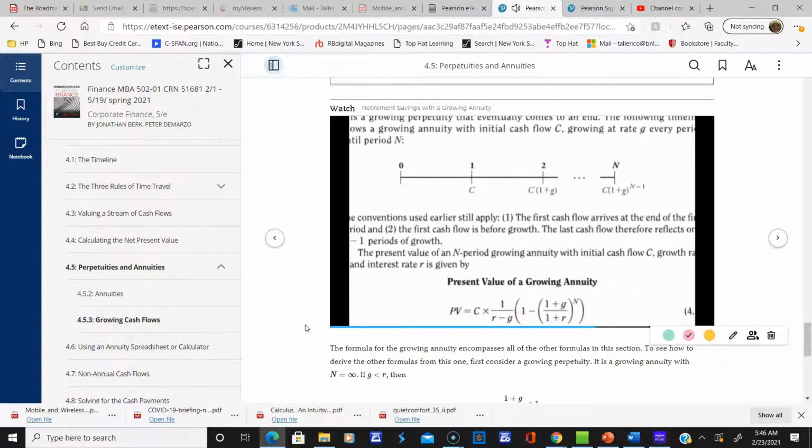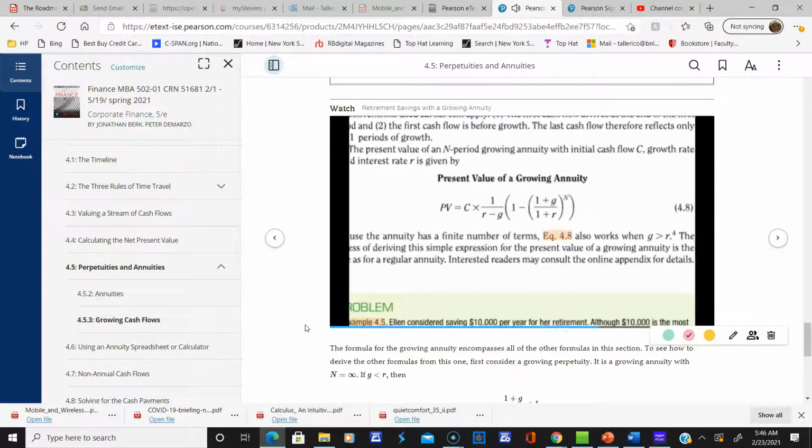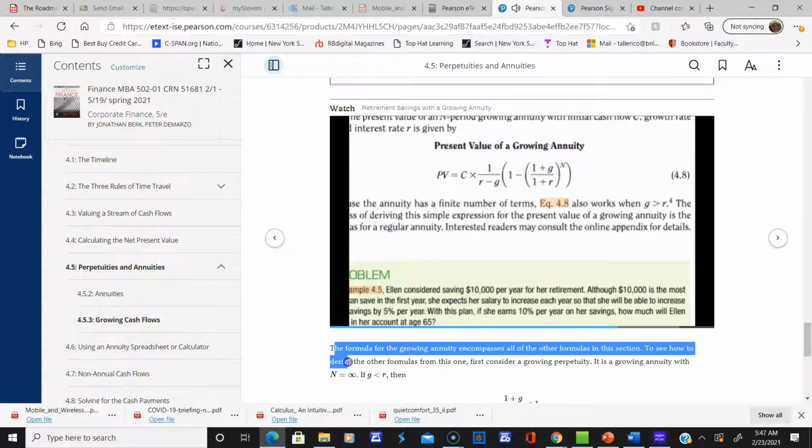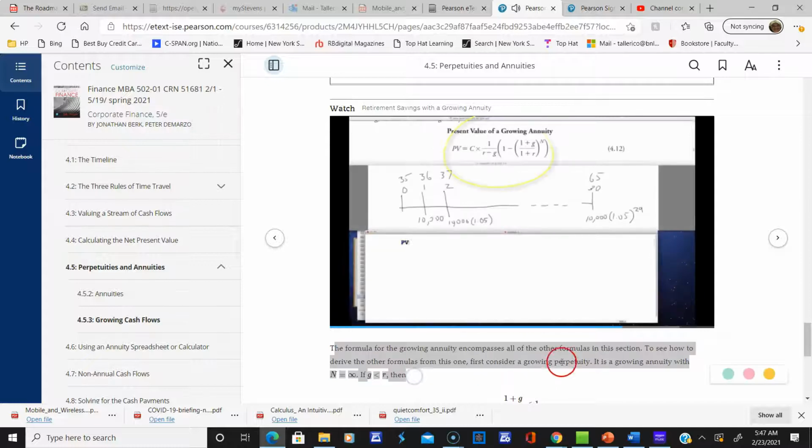With this in mind, we can now use the formula for the present value of a growing annuity to calculate the present value of all the future payments. Notice how the discount rate is 10% and the growth rate is 5%.